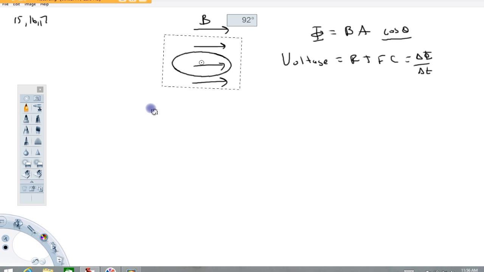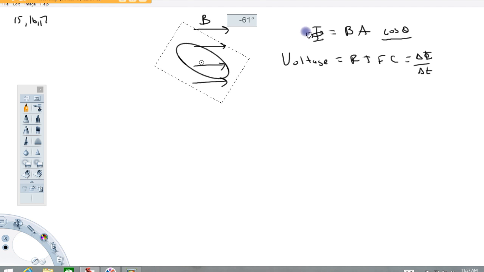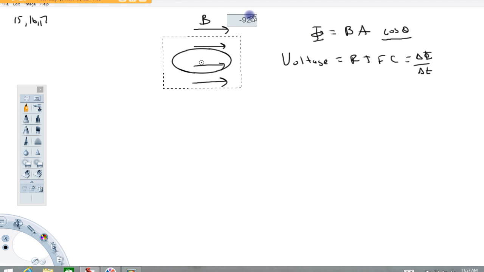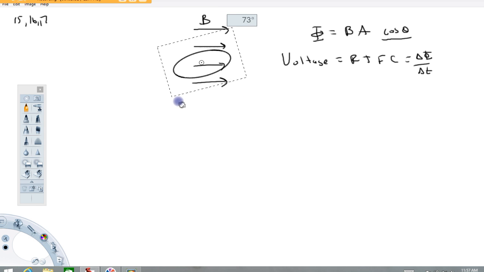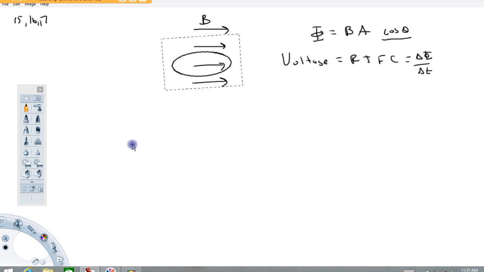Anytime the hoop is like this or like this, the magnetic flux is basically 0. An important thing to realize is anytime we are rotating like this, the flux is changing. And what that does is it introduces a voltage in this current loop here. All right, so that's why flux is so important.